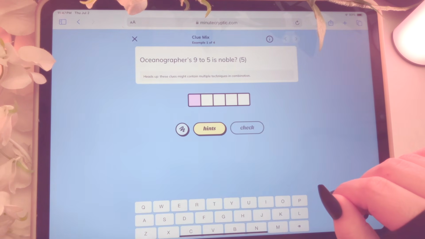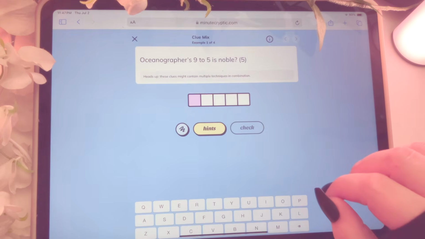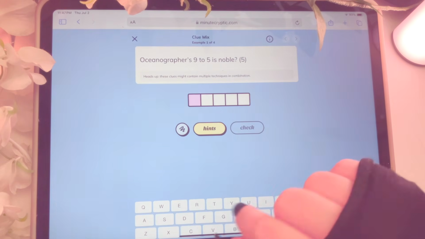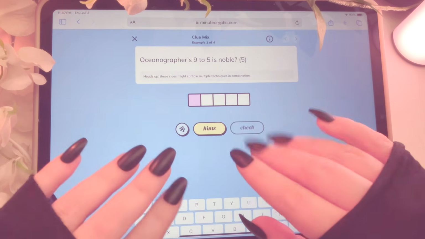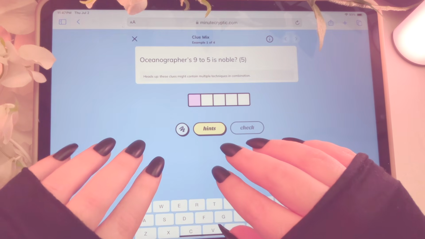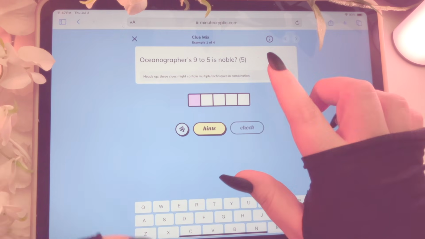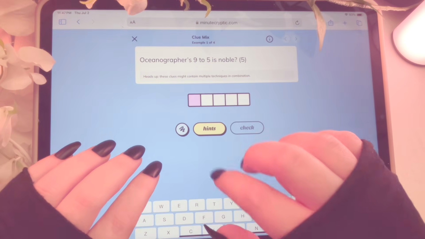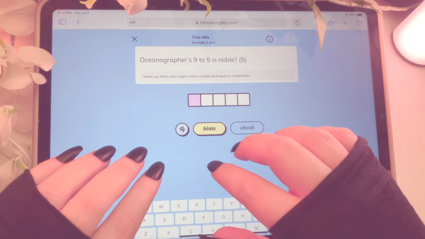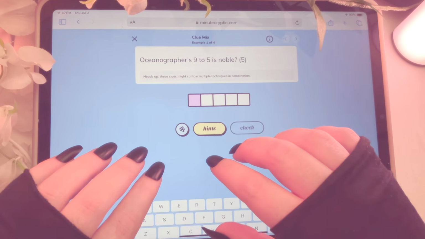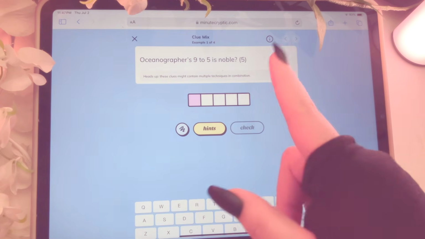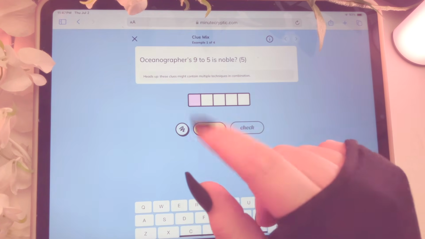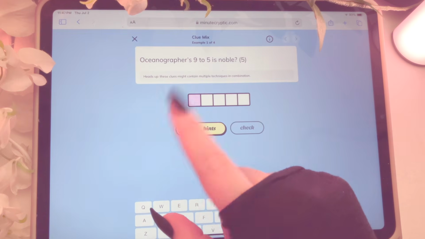Oceanographer's 9 to 5 is noble? There's a question mark, so it's going to be a little bit of a surprising definition. And it's 5 letters. Okay. I think it's a selection indicator.